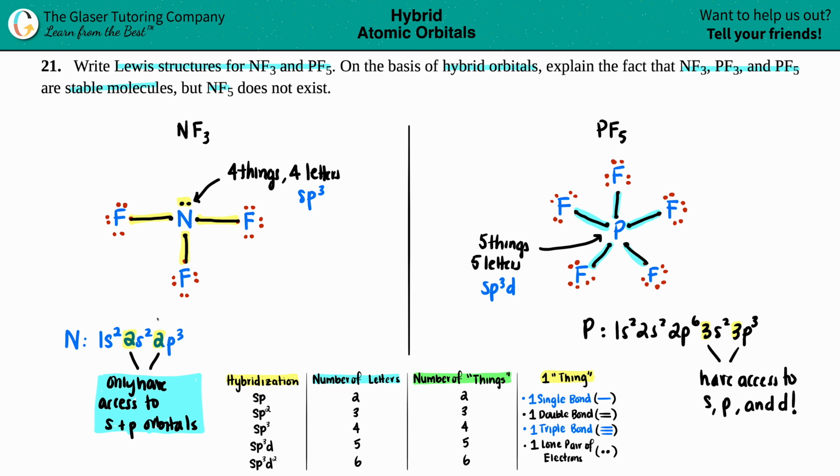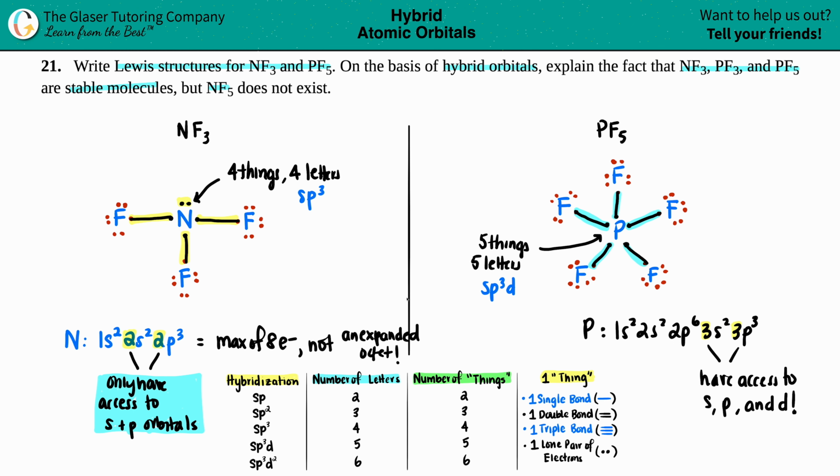You can't have 10 electrons. You can only have a max of 8, not an expanded octet. An expanded octet is only for elements that have access to the d orbitals.